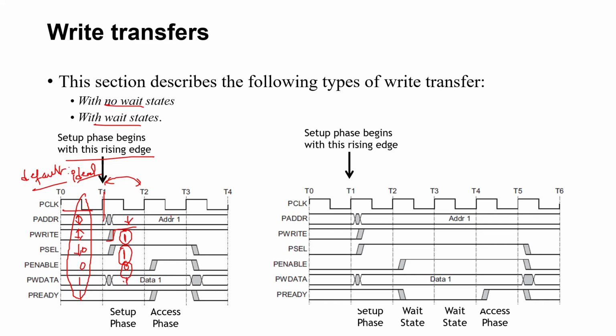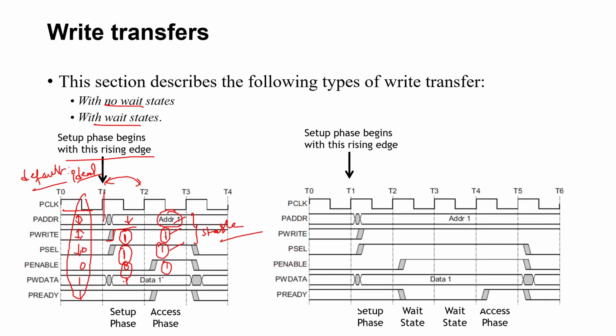After the next cycle, we are maintaining the address is valid, and the PWRITE signal is also 1, PSELECT is also maintained stable, and then PENABLE should be 1. During the PENABLE state, address, write and select should be maintained stable. Okay, we are maintaining stable data here.